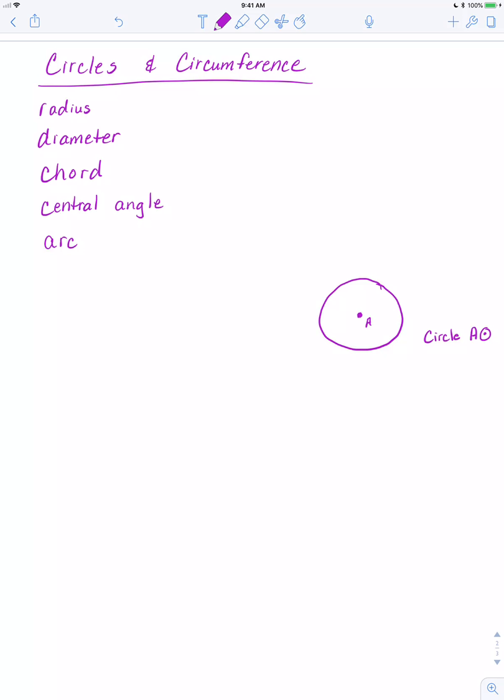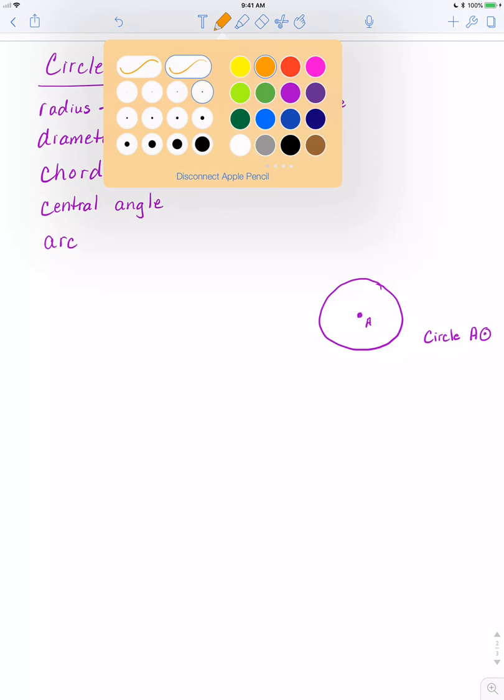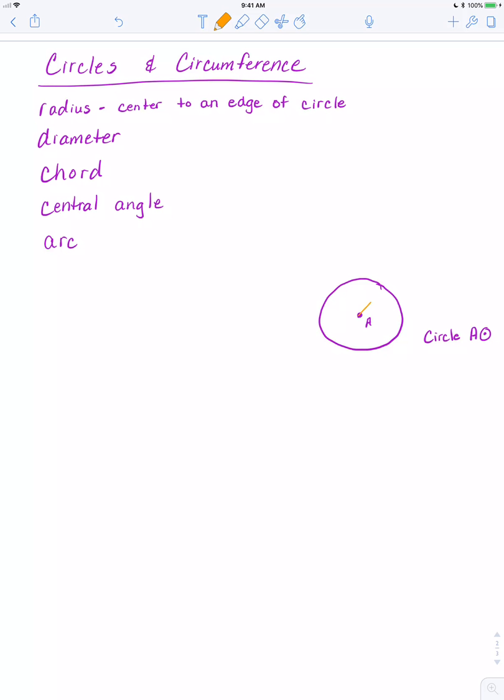So the radius of a circle is from the center to an edge of the circle. Anywhere from the center out to the edge is called the radius.